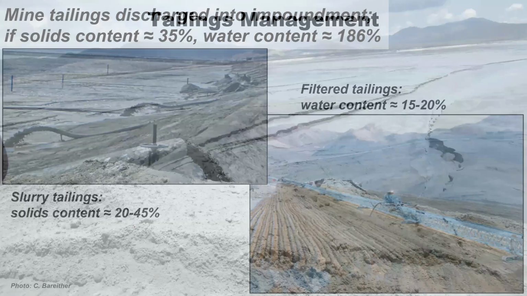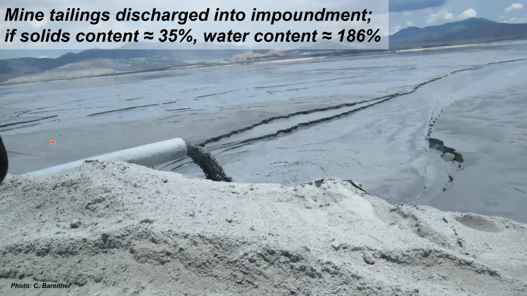I want to highlight something that's quite important here for geotechnical engineers. You should be familiar with these terms, others might not. If we're discharging mine tailings by pipeline, as a slurry, into an impoundment, and that solids content is right in the middle of that range for slurry placement, about 35%, your water content is going to be on the order of 190%.